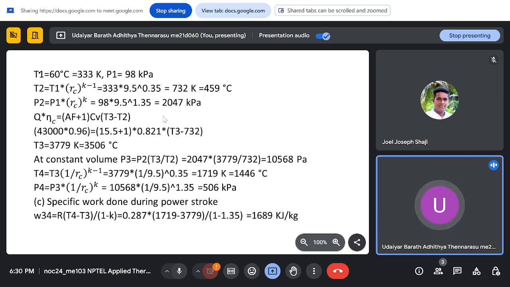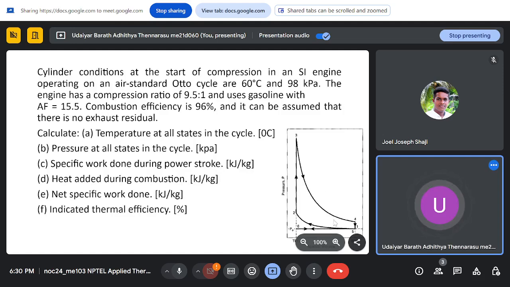First we know the inlet temperature and pressure. Inlet temperature is 60 degrees Celsius or 333 Kelvin. Your pressure is 98 kilopascal. Now we know the compression ratio, so we know the volume ratio between 1 and 2. That is the compression ratio.